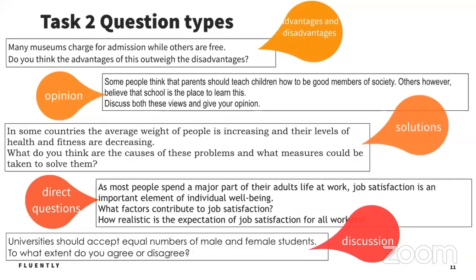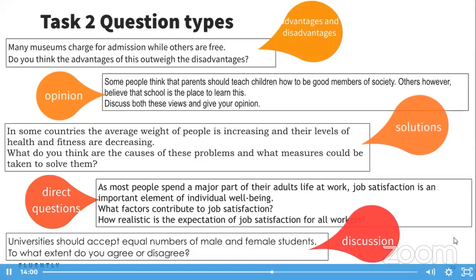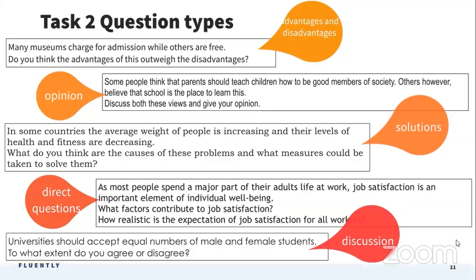Universities should accept equal numbers of male and female students. To what extent do you agree or disagree? And then you obviously give your point of view there. So in the essay, you need to follow the essay structure of starting with an introduction, giving different points of view or advantages and disadvantages, whatever the question asks for in the main body.